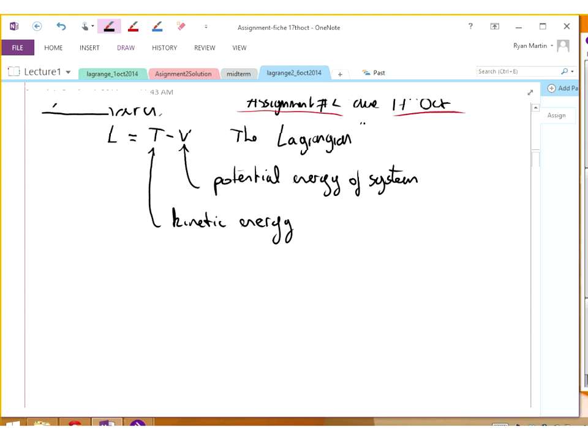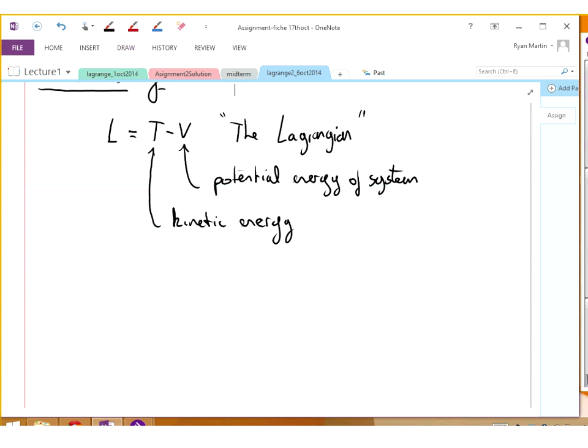And then we saw that D'Alembert's principle, which we'd previously seen to already be equivalent to Newton's second law, with this new Lagrangian quantity, it turns out one can write the equations of motion as d by dt of ∂L by ∂qj dot minus ∂L by ∂qj.